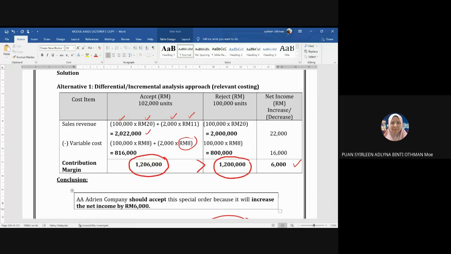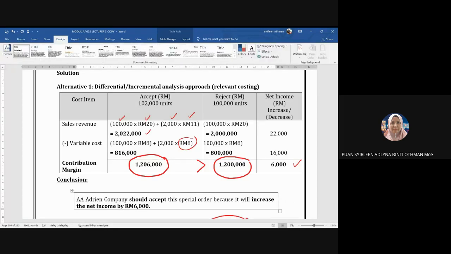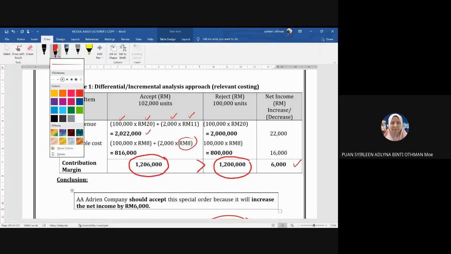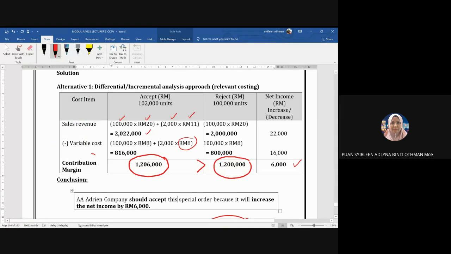Sebab yang awak kira di sini bukan cost ya. Yang you kira di sini ialah contribution margin, which is actually gross profit lah. Untung. Okay. So sekarang ni kamu tengok, kalau accept, untung kamu lebih besar daripada reject. Jadi nak buat tak tambahan 2,000 unit tu? Nak lah.